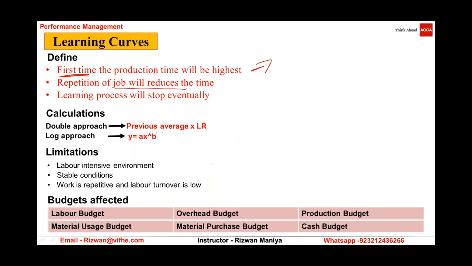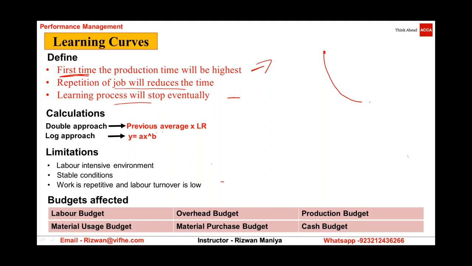But a point comes where the labor becomes completely expert and the learning process then stops. After that, there is no more learning, and that is the time where the time becomes constant. So it's like this, that the graph is going down and becomes constant.